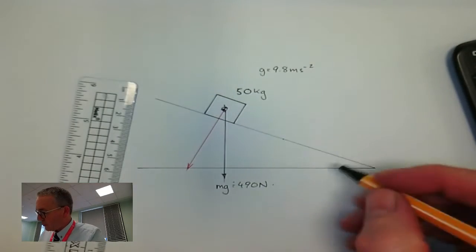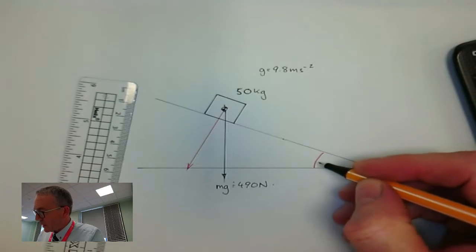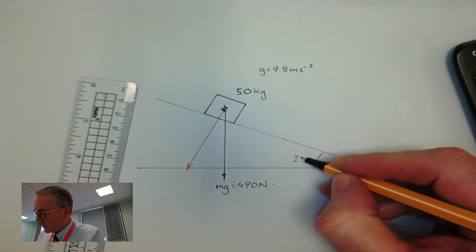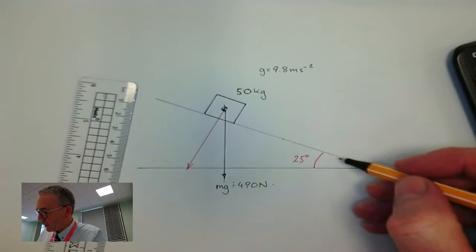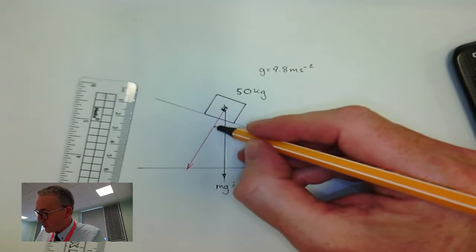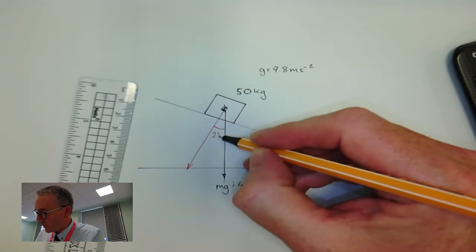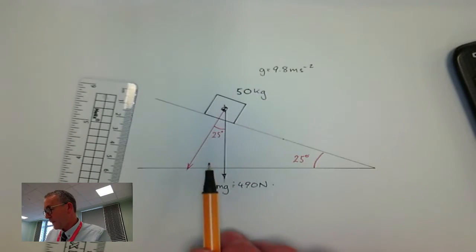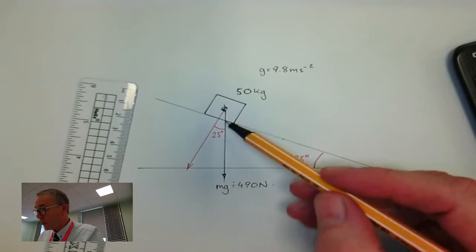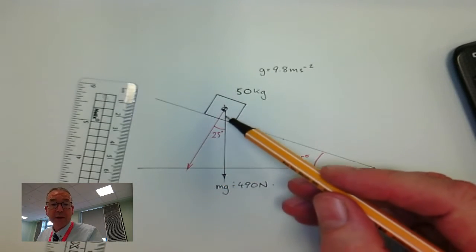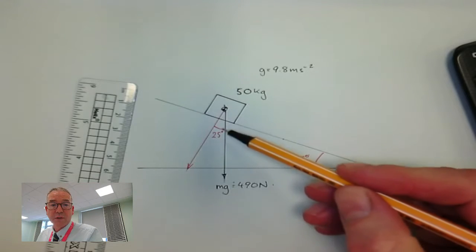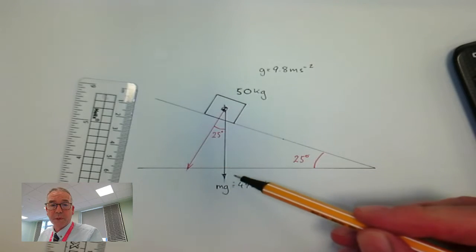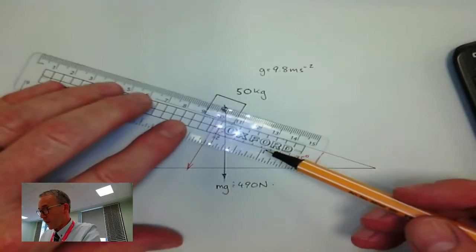I've just mentioned the angle here. We're dealing with a 25 degree angle of slope, and the nature of the maths is that this is also going to be 25 degrees. So we've got 25 degrees of slope here, and 25 degrees acting against the mass due to gravity. It's starting to form, because there is also a force acting in this direction.